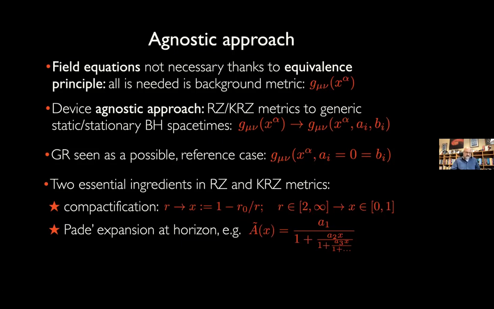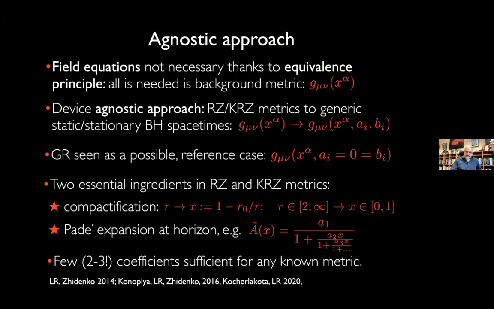This is something I've actually learned from people like Thibault Damour, and this is particularly useful because after all, you're trying to model a function which has a pole, and these are very good matches for functions having a pole. And if you do this, then essentially with 2, 3 coefficients, you can represent analytically any metric that you want.